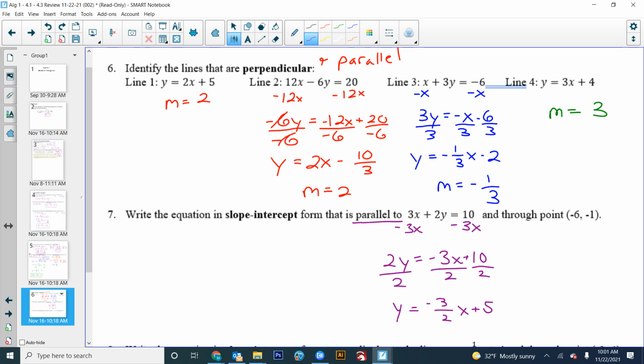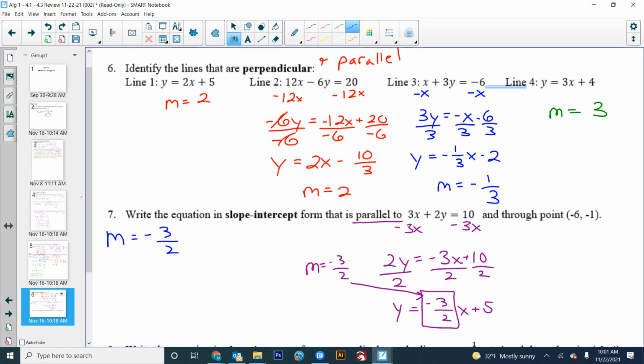And now you can look at it and say, oh, that line has a slope of negative 3/2. So if our line is going to be parallel to it, it's going to have the same slope. So our line is going to have a slope of negative 3/2.